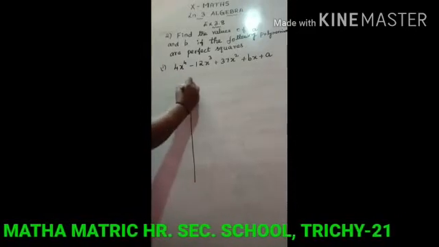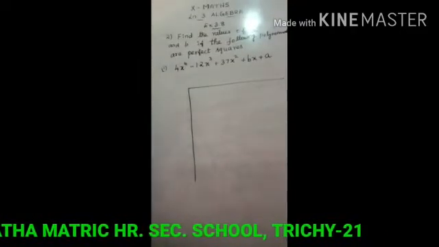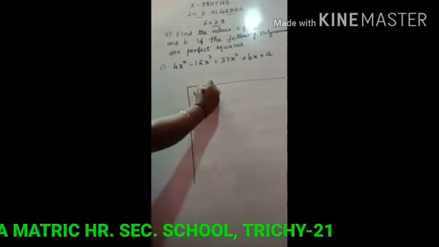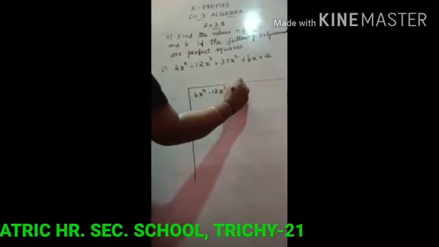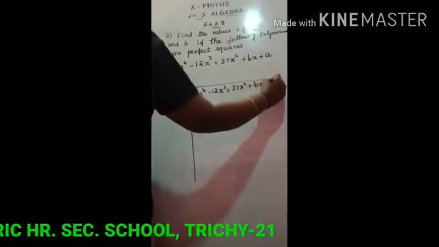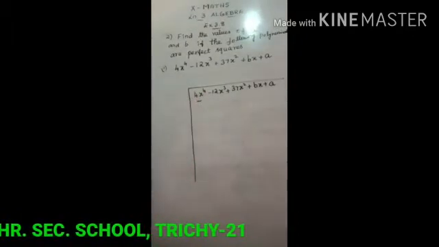So starting the division method, the order is the correct order, the given polynomial, 4x power 4 minus 12x cube plus 37x square plus bx plus a. We take the first term 4x power 4.